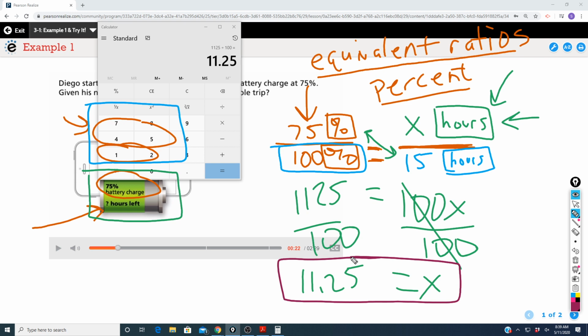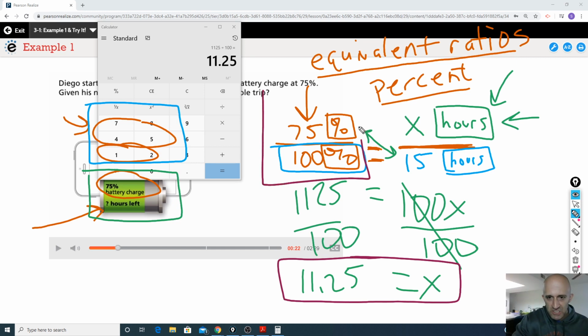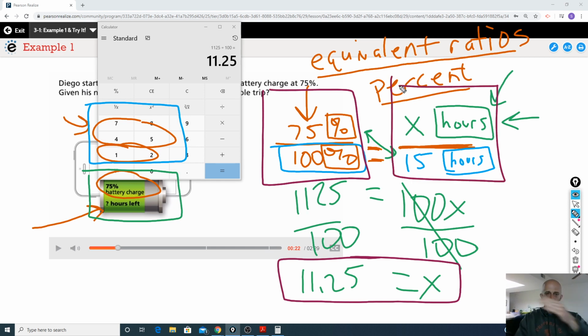I hope that's making sense. I know we're on YouTube, so it's a little bit different, but you're keeping your percentages on one side, your hours on the other, and then you're cross multiplying. Like I said, you're trying to keep the categories the same. When you do that, you find out that X is going to be 11.25 hours.